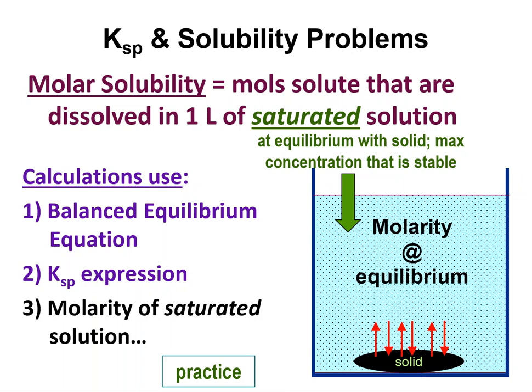So anyway, solubility is the concentration of a saturated solution where we have the equilibrium. So when we do these calculations, we will be needing the balanced chemical equation. We'll need to be able to write the expression, and then we'll use the molarity of the saturated solution, and that is basically our equilibrium concentration.